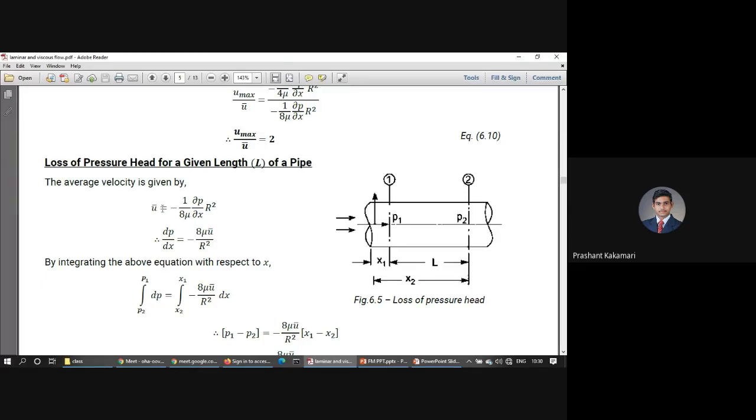The problem here is the pressure difference is not known still. We don't know the pressure difference. We know length 12 meters, viscosity 0.9 poise is given, and r square, the diameter of the pipe, is also given. But dp, whatever the question asks, until now we have not found out the pressure difference between these 2 points. So that's why I am not using the equation from the derivation.